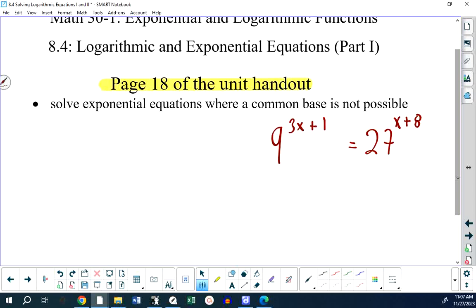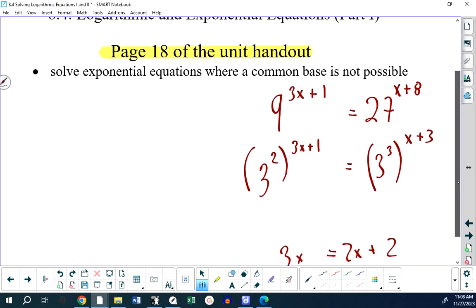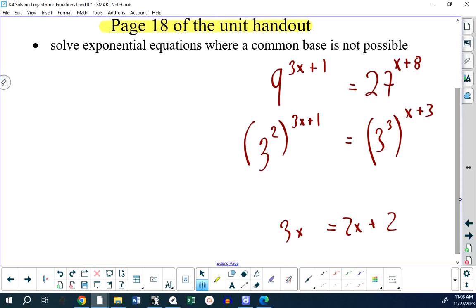It becomes nightmarish. So all you do here is say that 9 is 3 squared in base 3. 27 is 3 cubed in base 3. These are each powers of powers. So I'm going to multiply these exponents, which is the rule for what we call a power of a power.